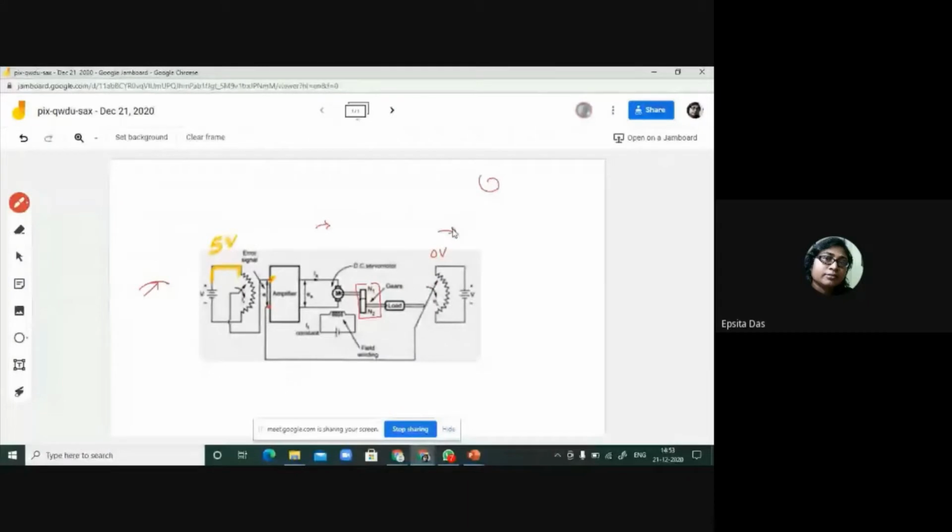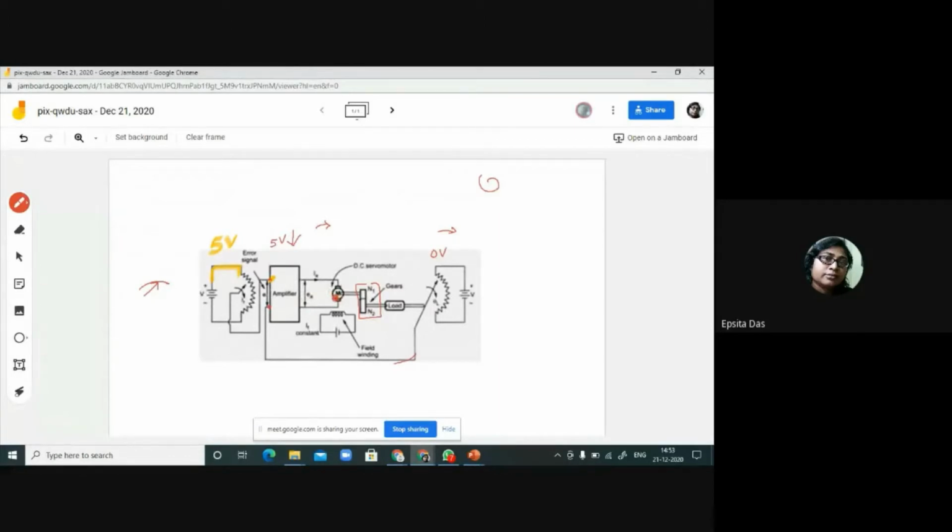As it moves its position, you will get a certain amount of voltage developed across this end, and this is coming to here. Initially the voltage difference was, suppose, 5 volt. Now as some amount of voltage is coming to this back end, the 5 volt is decreasing. As this amount decreases, the EMF across the motor also decreases.